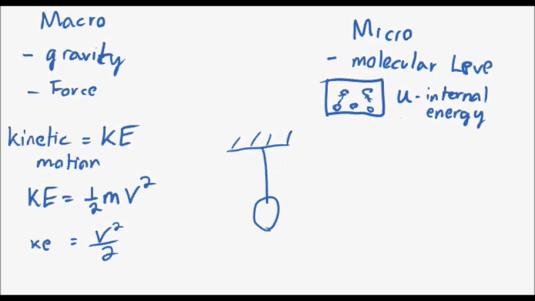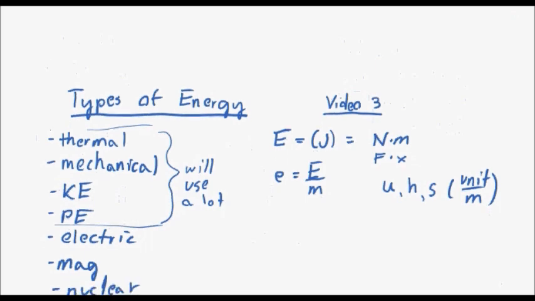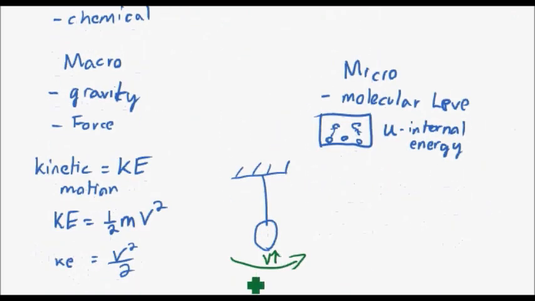If the pendulum is swinging that way, at the bottom of those points your velocity is going to be as high as you're going to get it. So at this point, you have the maximum kinetic energy.